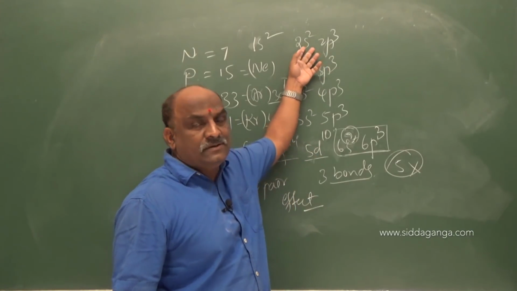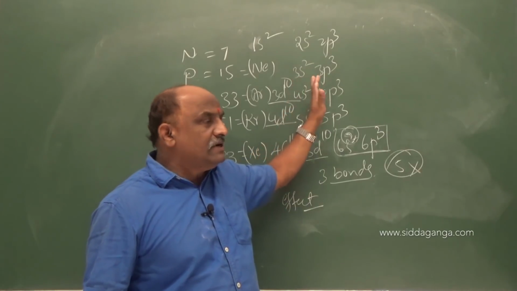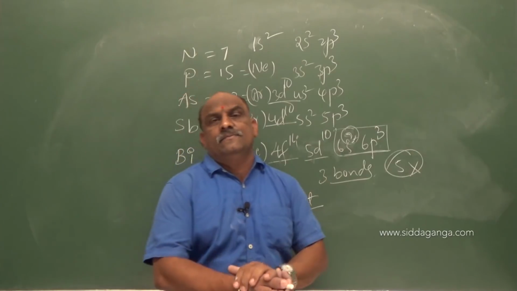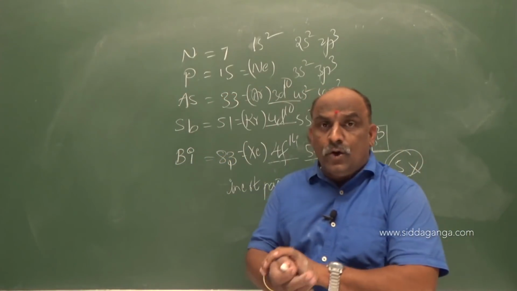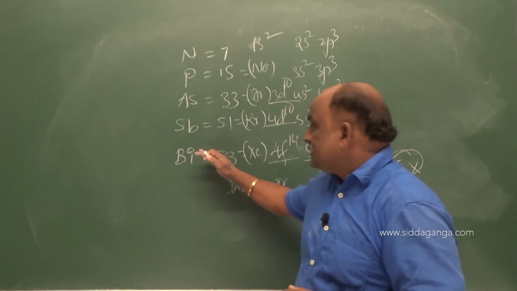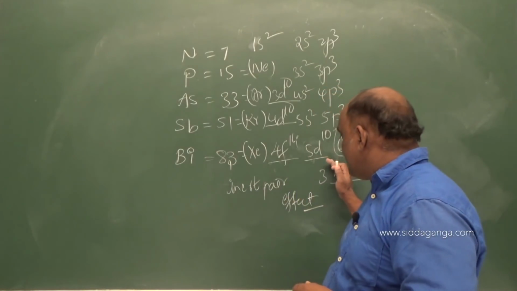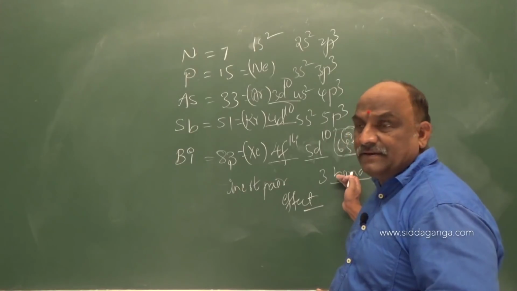Nitrogen forms 3 bonds; some exceptions will be there. We'll discuss the exception in the next class. I hope you understood. Bismuth is ready to form how many bonds? 3 bonds, that is 3 covalent bonds, covalent in nature, plus 3.